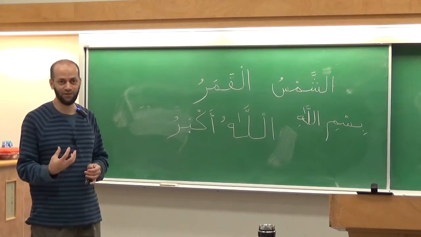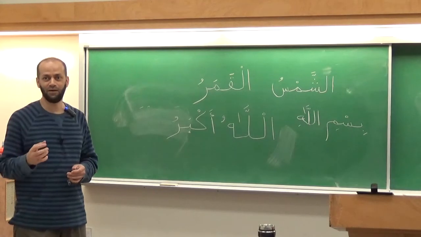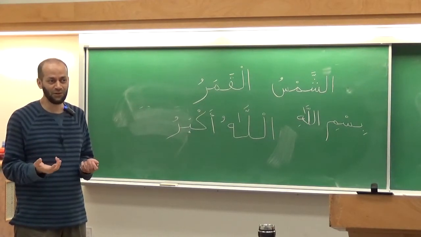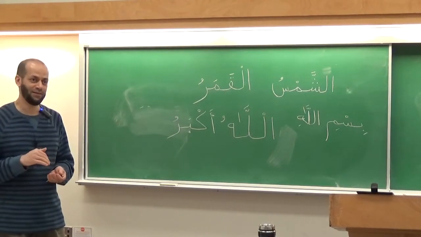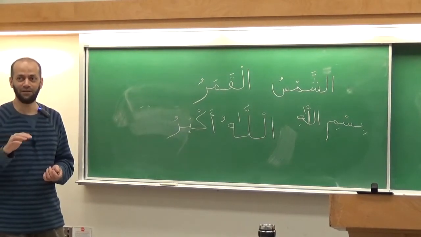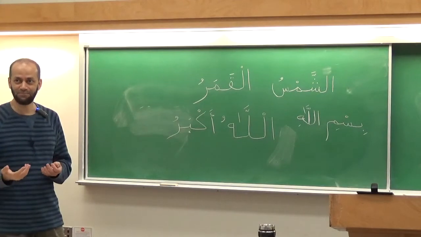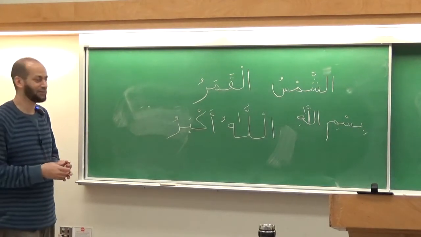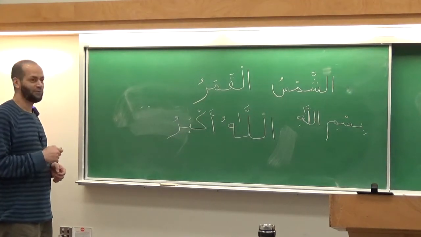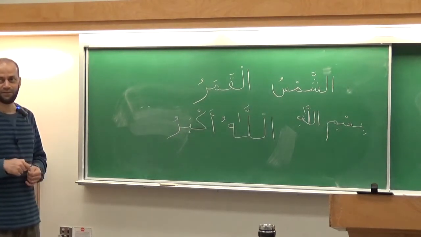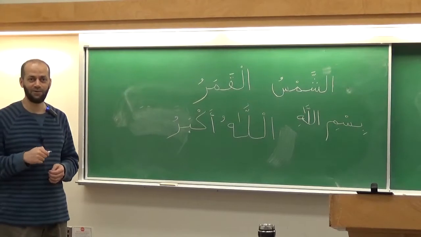If I make it strong, it will sound like this, Bismillah. And it is more difficult to pronounce. So you can try it, like if you say Bismillah compared to Bismillah. Right? It's more difficult to pronounce if it is strong. But here, I say Allahu Akbar.